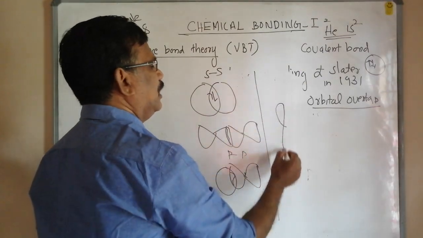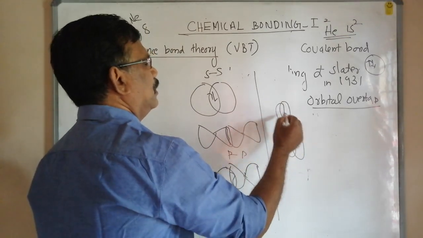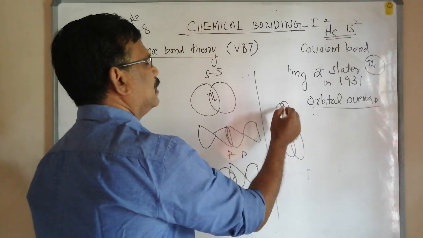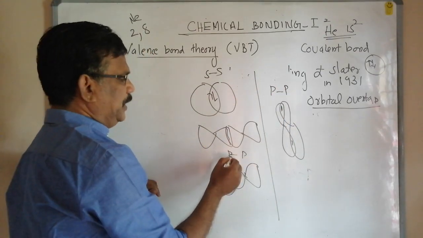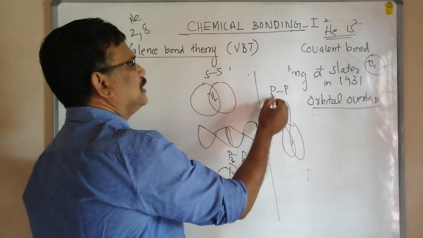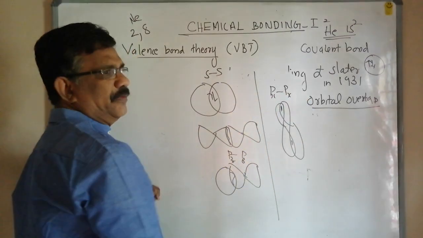And this is also a pp overlapping, a pair here or here. pp overlap. So this is a pz, then we can say this is a px.